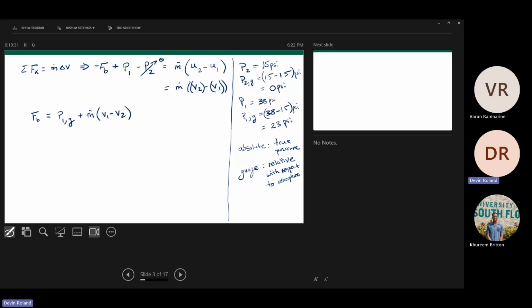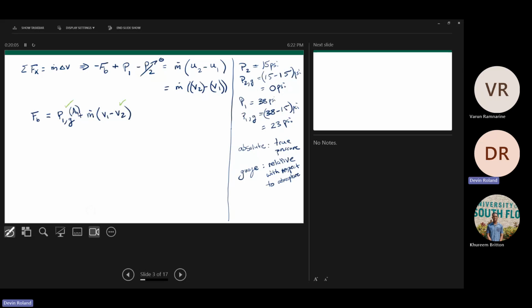As we are looking at this, we know V2. It's given. Actually, I wrote something slightly wrong there. This is a pressure, so to turn it into a force, we have to multiply by the area.